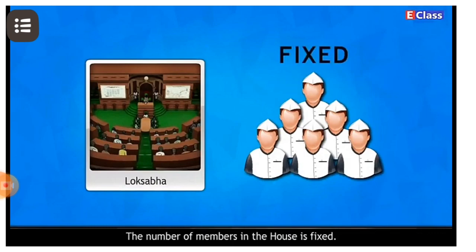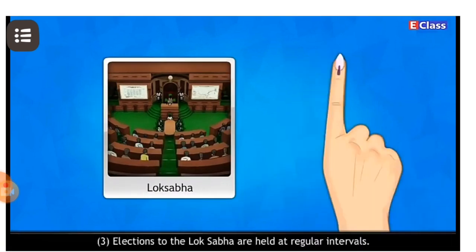Now, the third characteristic of the Indian parliamentary system is that elections to the Lok Sabha are held at regular intervals. All political parties contest these elections.